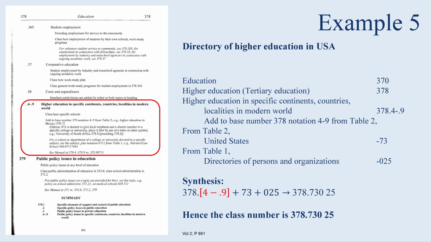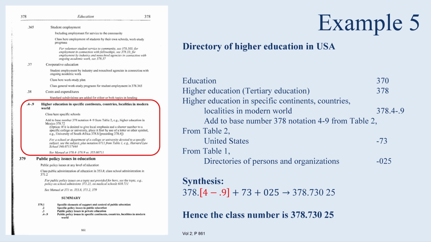There, an instruction is written something like this: add to the base number 378 the notation 4 to 9 from table 2. So here we have got the direct instruction to add the areas notation from table 2. Therefore, we have to add the number for United States, that is 73 in table 2.